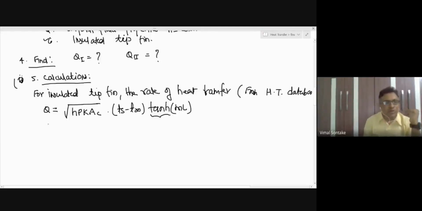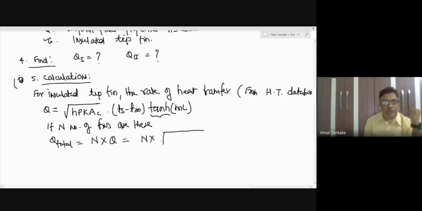Now, if n number of fins are there, so Q total will be n into Q. That is n into square root of hPkAc into (Ts minus T infinity) into tanh(mL).